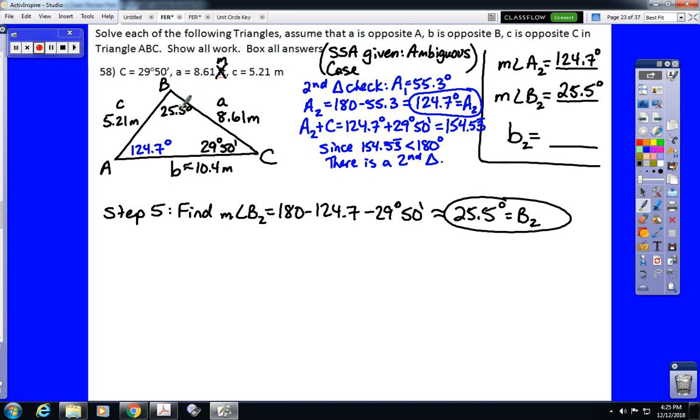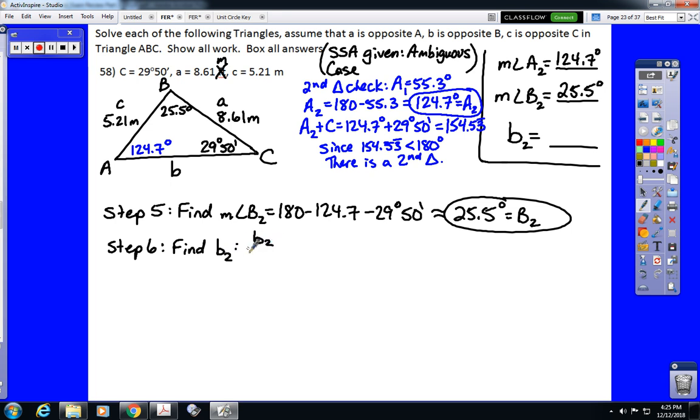That just leaves little b, which I should have erased a little while ago. We don't know what that is yet, so it shouldn't say 10.4. That was the answer to the first question. And now we're going to do the final step, step 6, which is to do the law of sines one more time to find the second answer for little b.